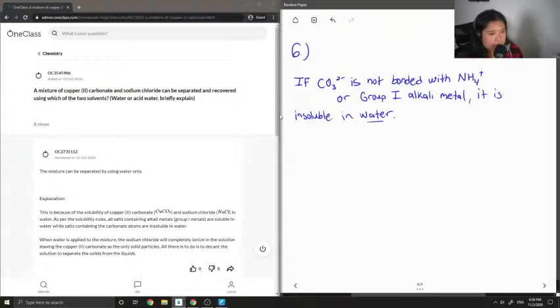And let's look at sodium chloride. Sodium chloride is made up of a group 1 alkali metal and also a chlorine ion. So this is soluble in water, if we look at our solubility rules again.